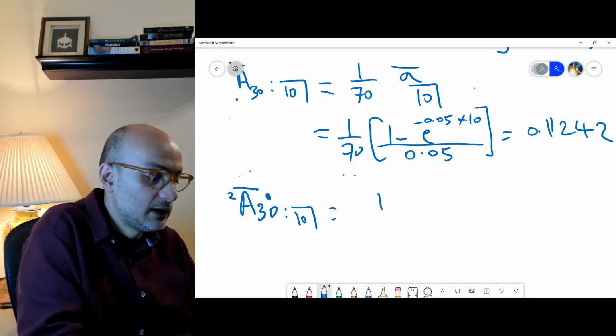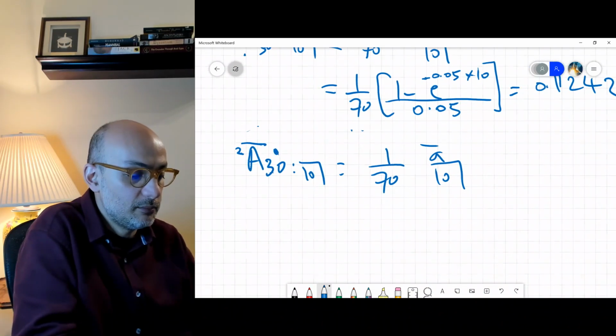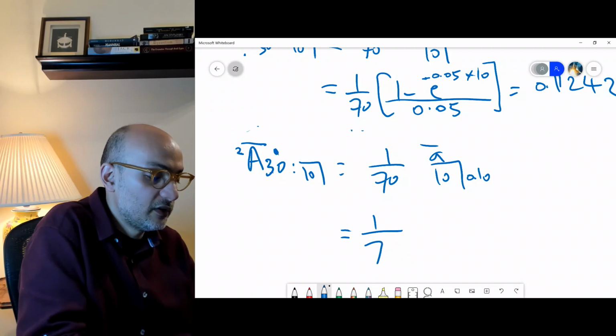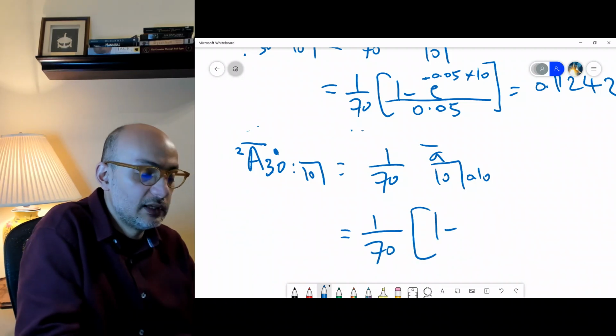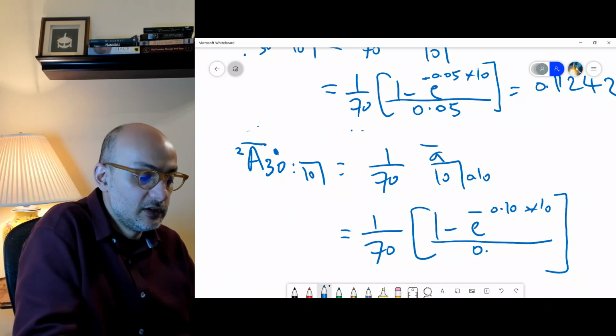So for this one, we can use the same logic, 1 over 70, ā 10, but all we need to do is use a different delta. Instead of 5%, we need to use 10%. So it becomes 1 over 70, exactly the same logic: 1 minus e to the minus 0.1 times 10, divided by 0.10.